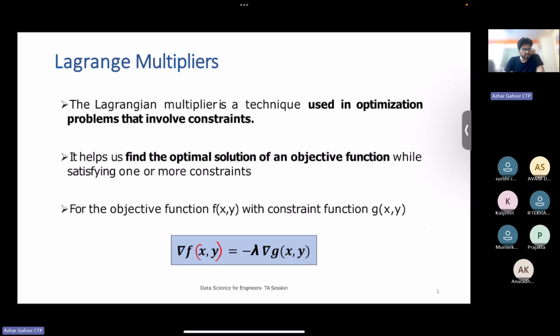This helps us find the optimal solution of an objective function while satisfying one or more constraints.